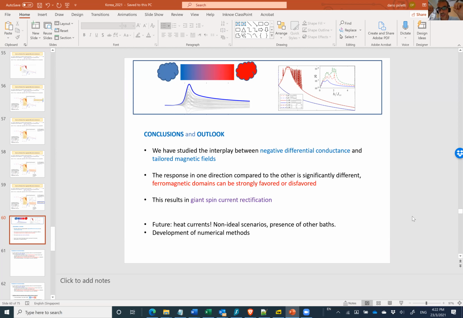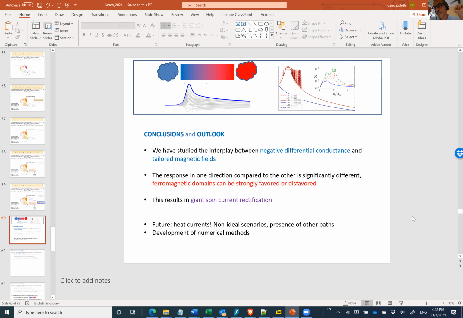Just to continue on this issue of stability, it may be very difficult to find the steady state, but it may be easier to see whether a certain configuration is stable once you couple it to the bath. That takes a lot less time to simulate, so we can also do that. We actually do both.